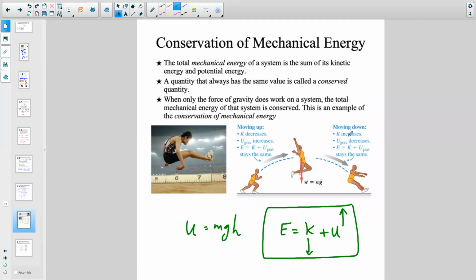A quantity that always has the same value is called a conserved quantity, just like mechanical energy, which does not change. When only the force of gravity does work on a system, the total mechanical energy of the system is conserved. This is an example, as I was just talking about.